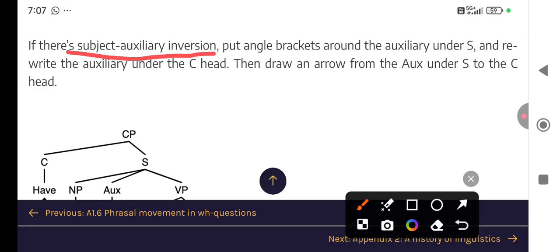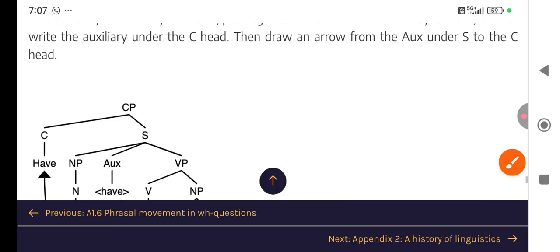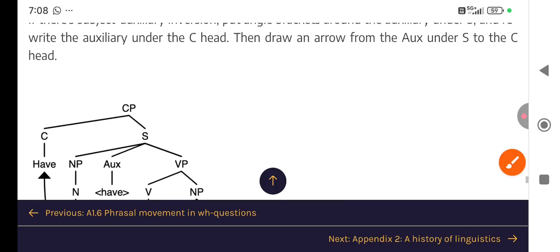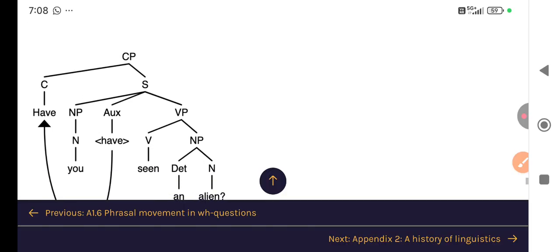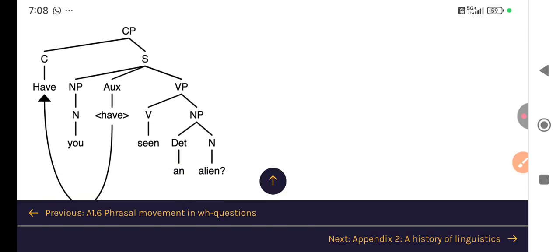For this, put angle brackets around the auxiliary under S or subject, and rewrite the auxiliary under the C head, clause head, then draw an arrow from the auxiliary under S. How? CP. This is a very advanced stage, but yeah.